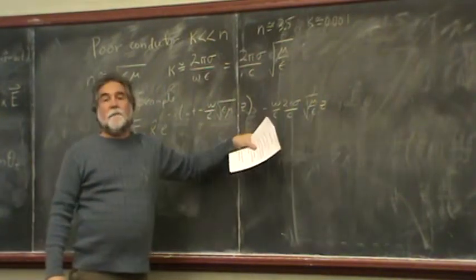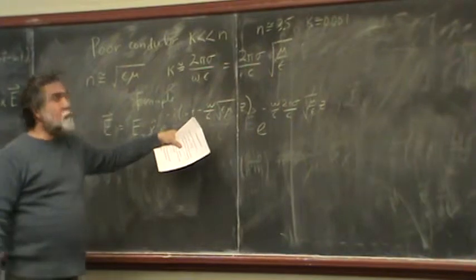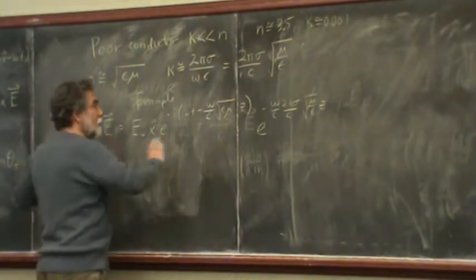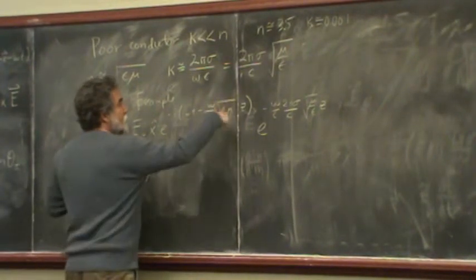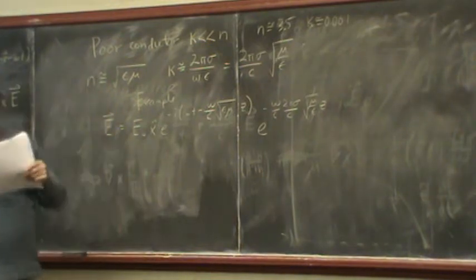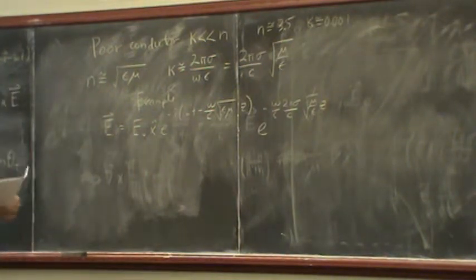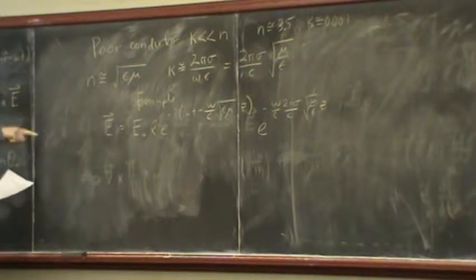This is the decaying part. This is the oscillating part. So this is just a traveling wave, which has a wavelength that is altered by the factor of the square root of epsilon mu. So that's a slowly decaying wave.